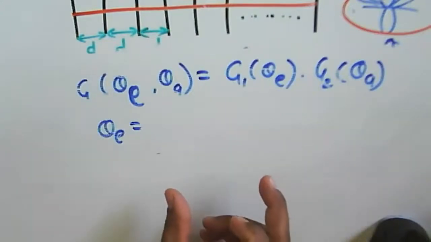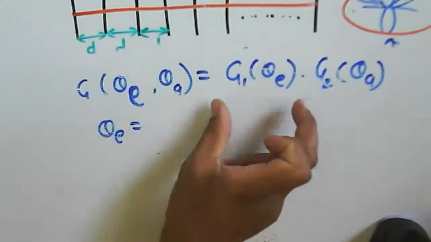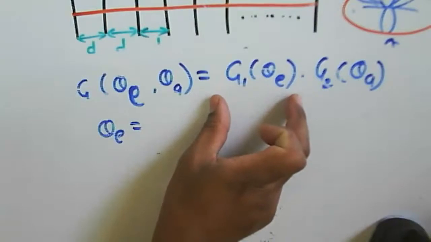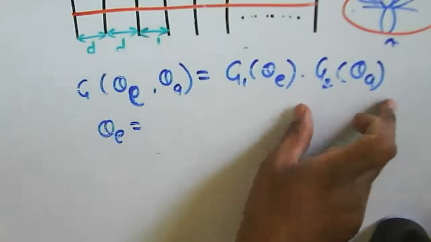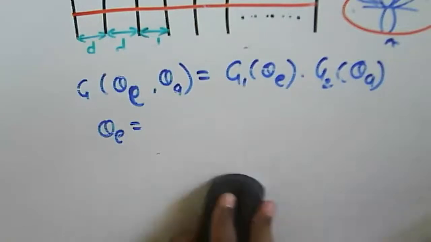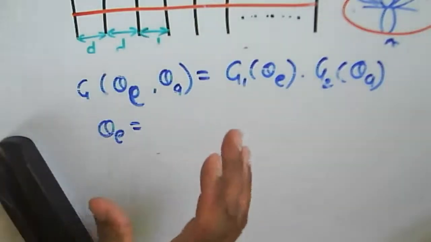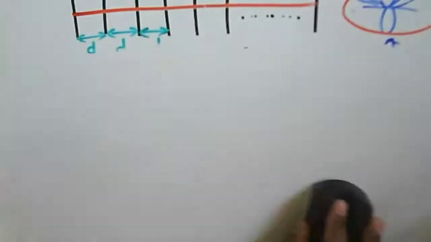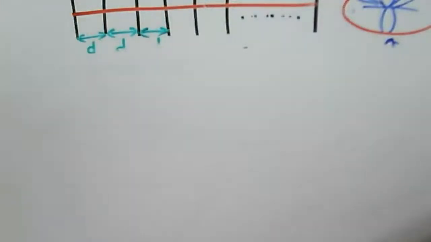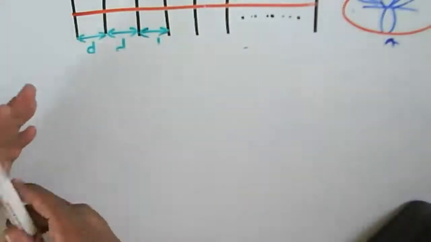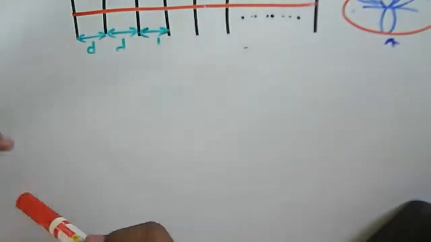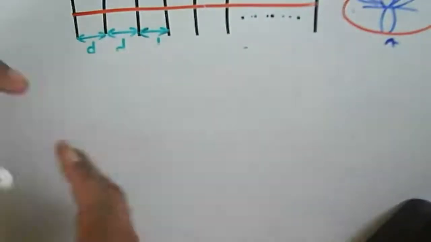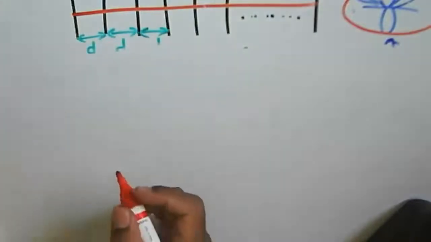In that case, how many elements consist of theta e and how many elements consist of theta a, this gives us the radiation pattern of the antenna in a two-dimensional case, not in a single dimension. For that purpose, we consider elements in the azimuth as well as the elevation.